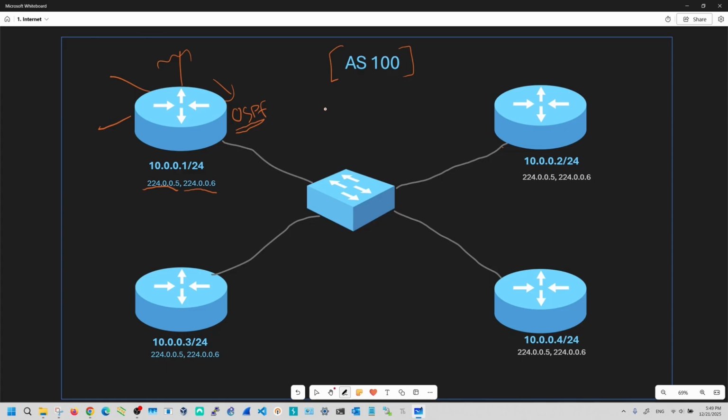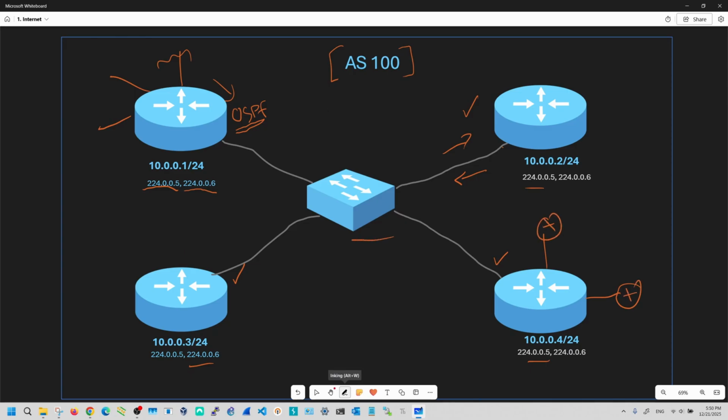So 224.0.0.5 and 224.0.0.6 for OSPF. EIGRP has its own reserved multicast IP addresses and other protocols also. If we do the same on other routers, every single router would start listening on these multicast addresses, will start listening for updates, and will start to send updates to those IP addresses. And in no time, we would actually have real IP reachability between all these routers to any networks that they advertise to one another.